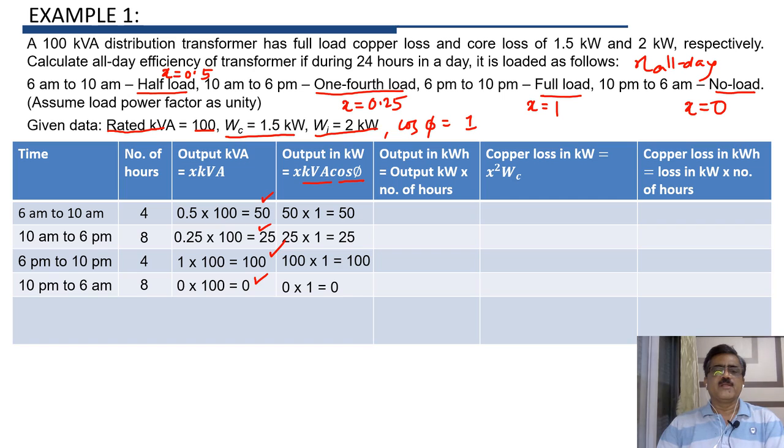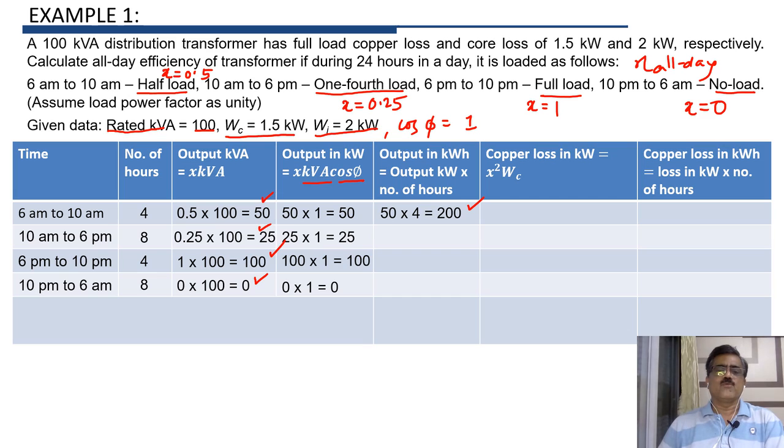Now we need the output in kWh, which means the output in kilowatt must be multiplied by the number of hours. During the first slot, the number of hours is 4, so output in kWh is 50 into 4, which is 200 kWh.